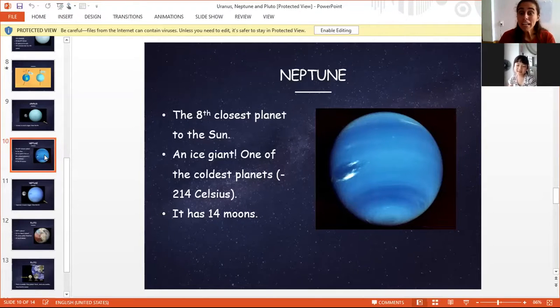Good. So Neptune is the 8th planet. And it's so far from the sun that it's cold. It is always frozen like a popsicle or ice cream.